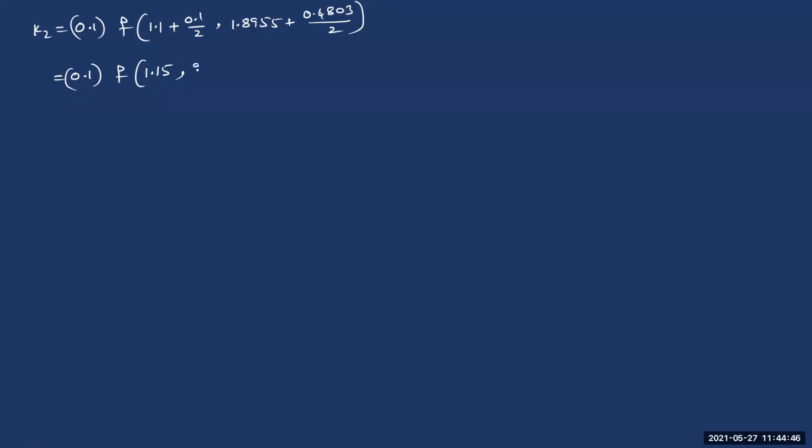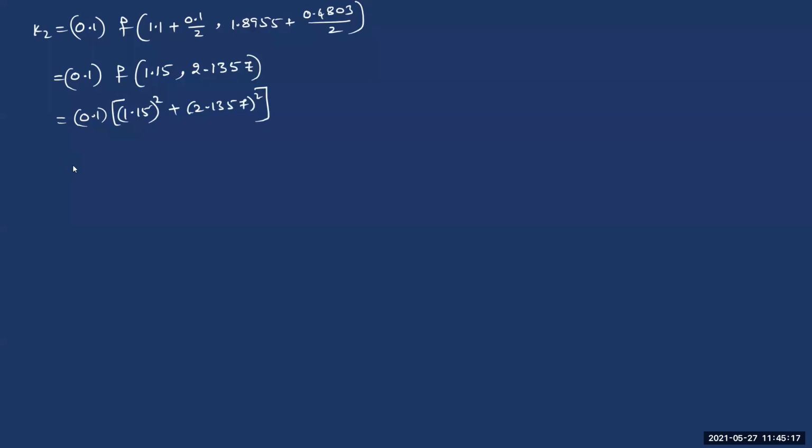I'm getting this as 2.1357. Then this is equal to 0.1 into the squares of these values, 1.15 whole square plus 2.1357 whole square.